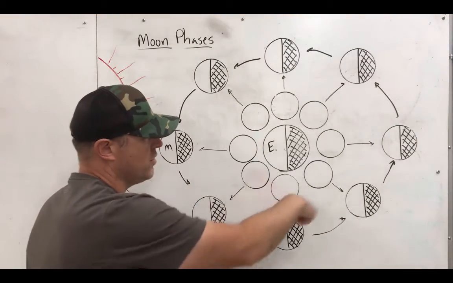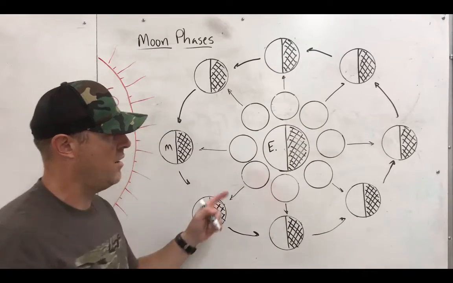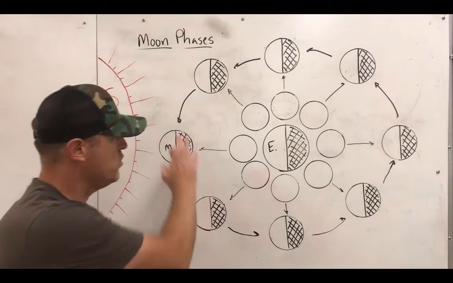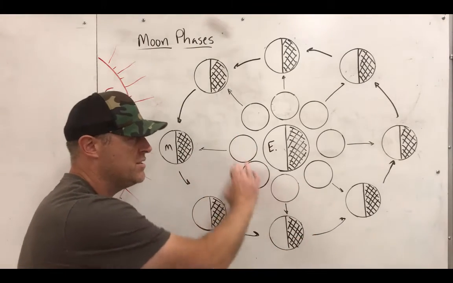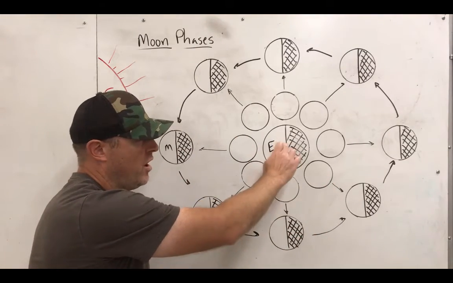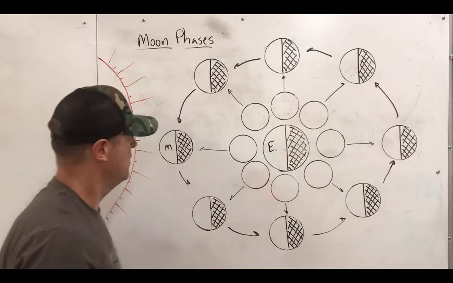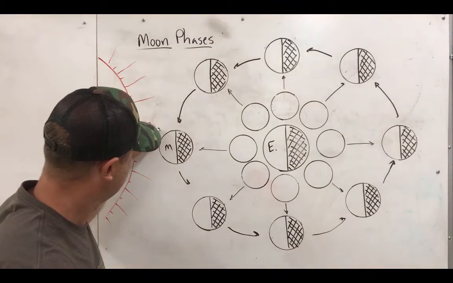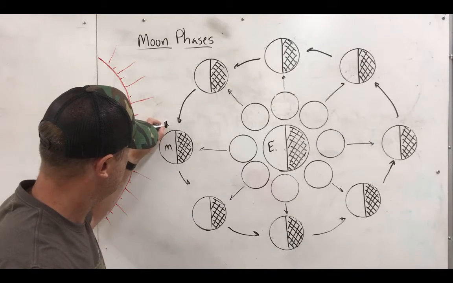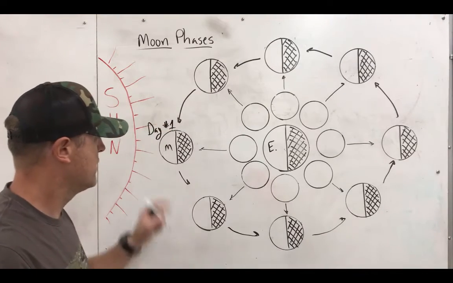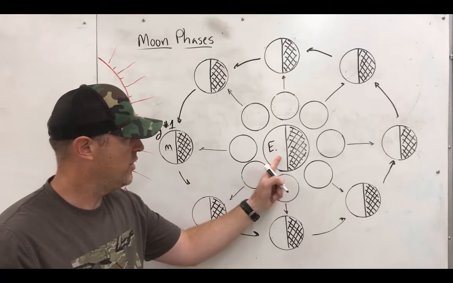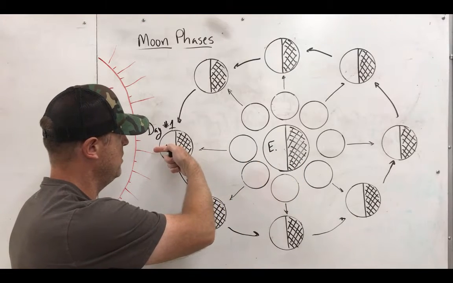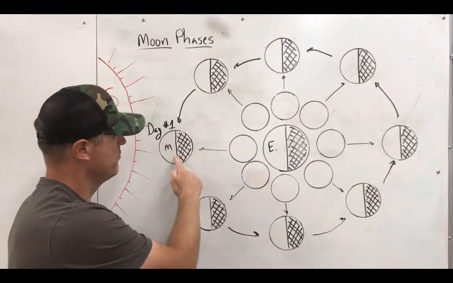These inner circles, I'm not going to write it because I don't have room, but this is what we would see as it's going around. This is what we're going to see if we're on Earth looking at the sky. So, day one. If I'm on Earth and it's nighttime and I'm looking at the moon, what would I see?